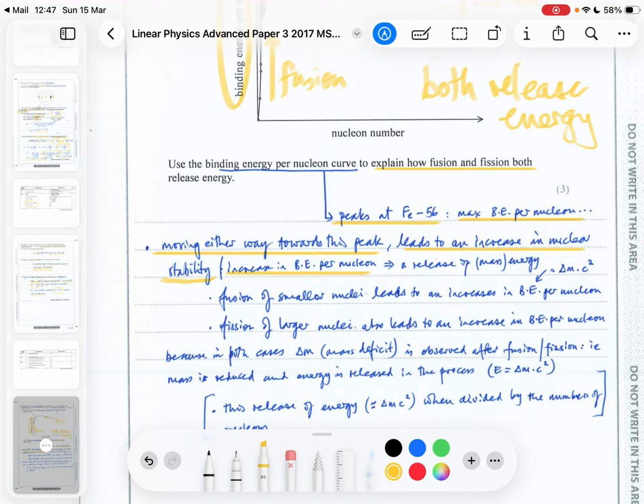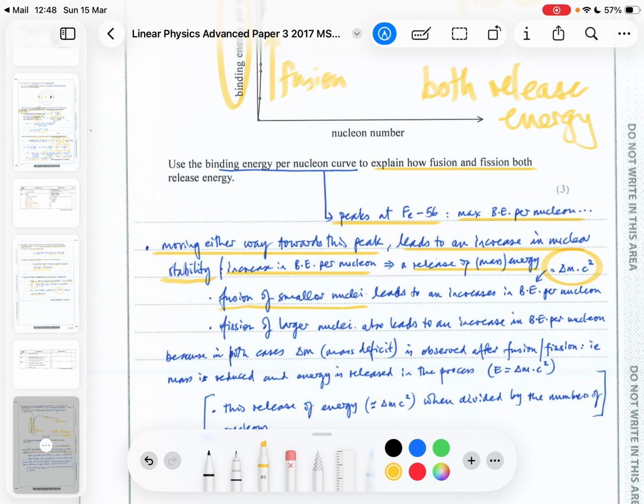This releases energy, and this releases energy by the equation due to Einstein's equation of E equals mc squared, where the delta m is how much mass is released in the process. Okay, so in nuclear reactions, mass is not constant like in chemistry.